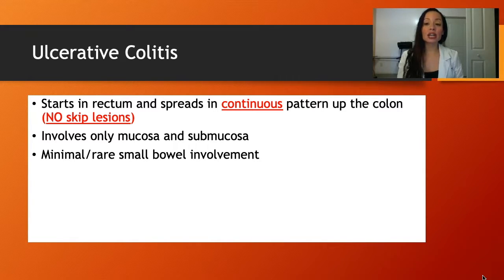About 95% of the time, it starts in the rectum or the anus, and it spreads in a continuous pattern. Remember, Crohn's was not continuous. UC is continuous, in a continuous pattern up the colon, there are no skip lesions. And it only involves the mucosa and submucosa, so it's not as deep and there's not that cobblestoning. And rarely will there be small bowel involvement.